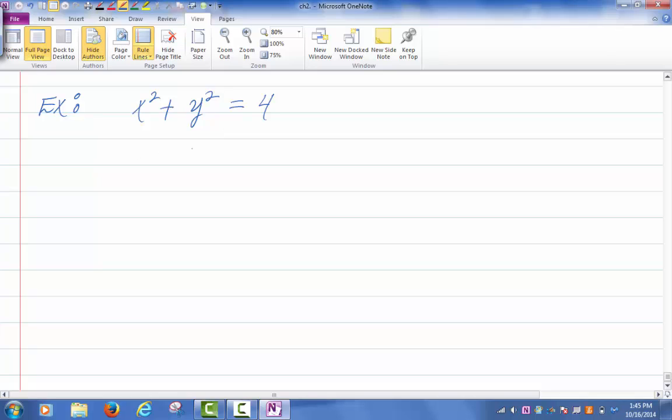Remember how we found dy/dx? We differentiate both sides with respect to x. We get 2x plus 2y times dy/dx is equal to 0, and then dy/dx is negative x divided by y, right?